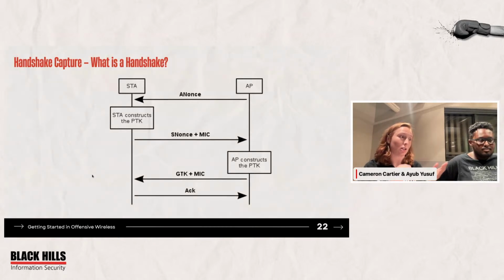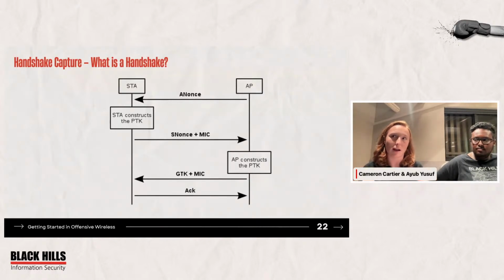So after exchanging the nonces, the PTK, the traffic key, is generated by those values as well as the PSK. The client sends that to the server, and then the server uses that to generate one more key, the GTK, I think it stands for group transmit key.